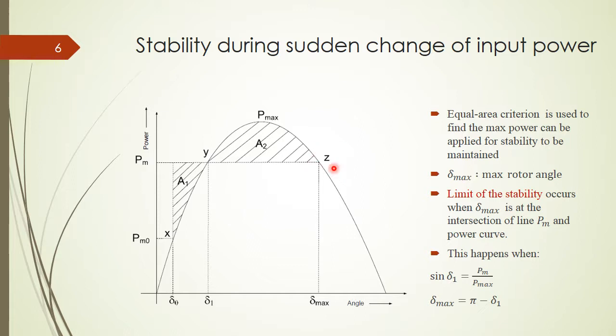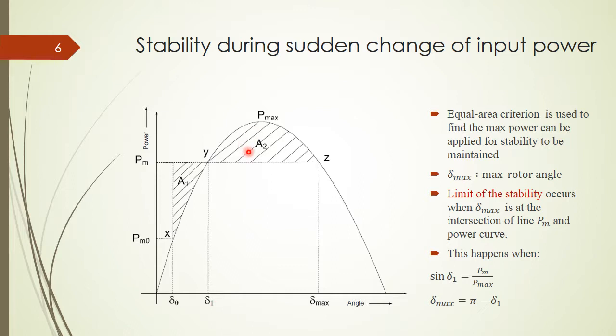If somehow Z is the new balance position such that PM equals P max multiplied by sine delta max, then Z will become the new balance position and the oscillation will stop here. So this happens when PM, this line, meets the curve here, and it happens when delta max equals pi minus delta 1.